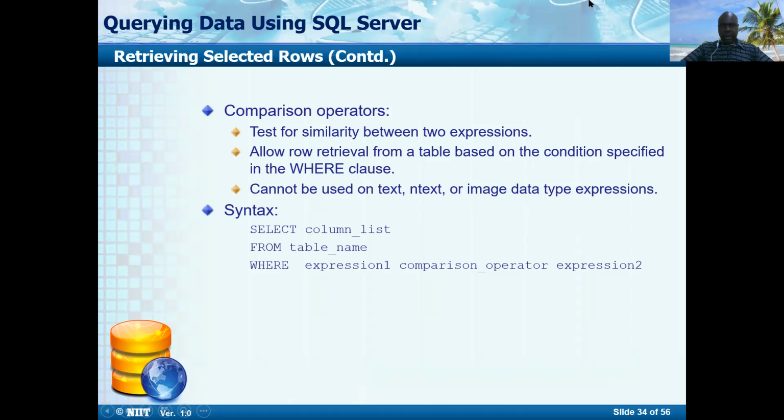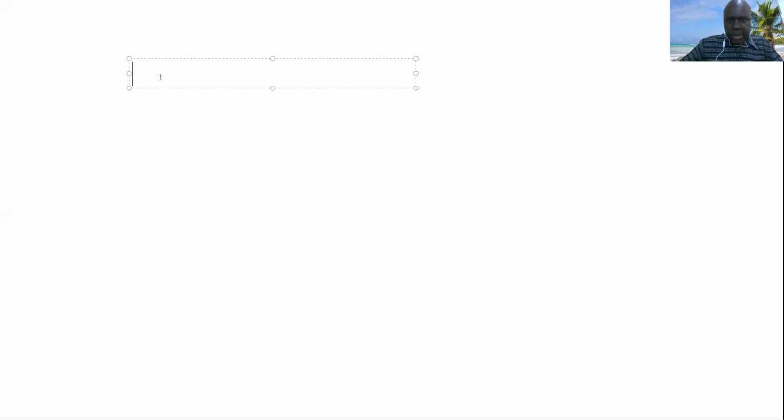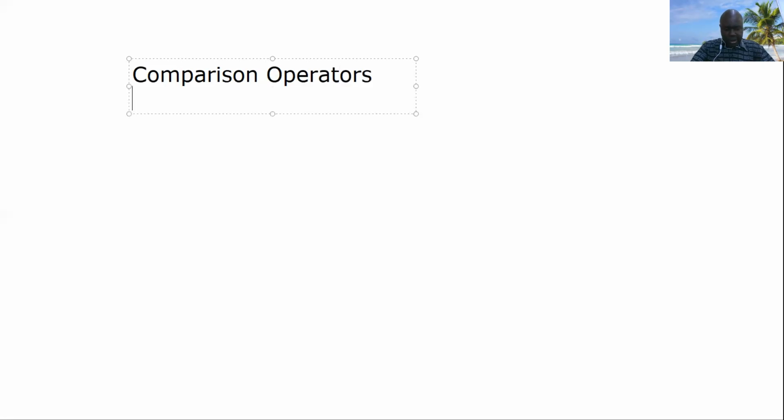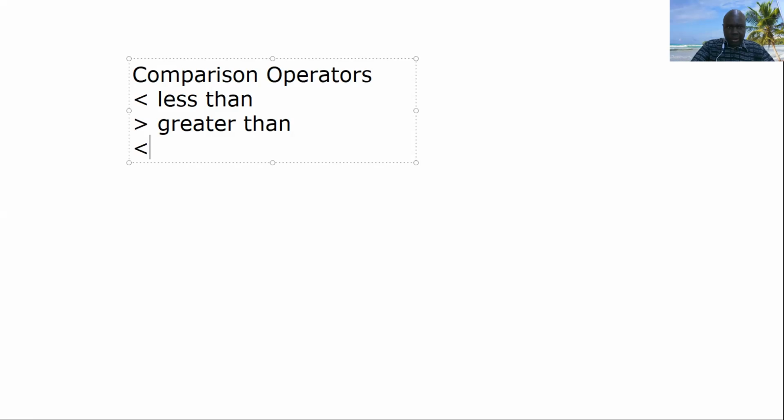So when you talk about comparison operators, we are talking about, first of all, less than. The symbol for less than is this one. That's less than. Then we have greater than. Then we have less than or equal to.